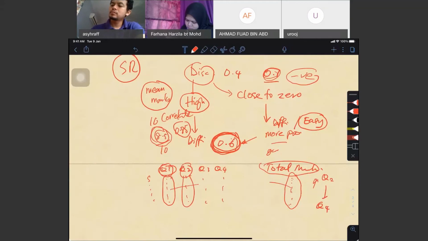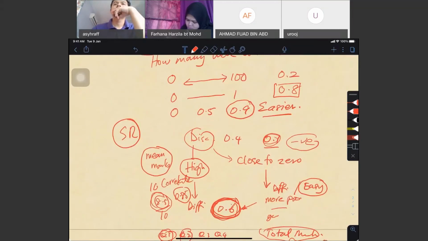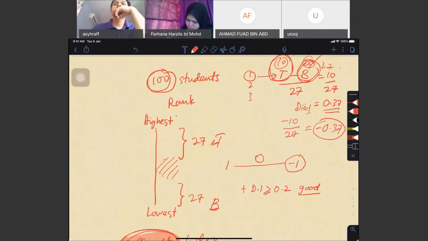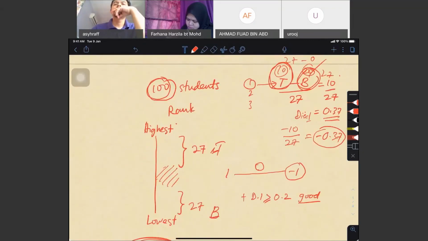Okay, that brings me to the current way in which discrimination index is calculated. It is no longer using this good group, poor group one. Now they are using something more sophisticated.